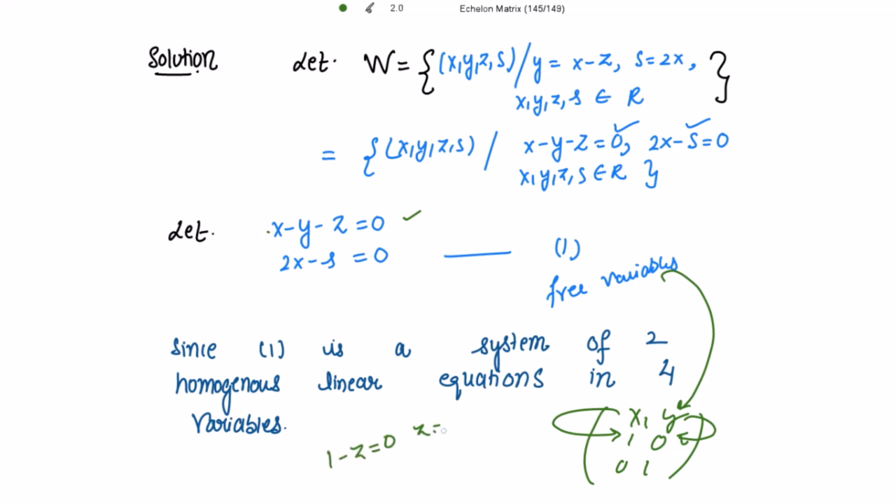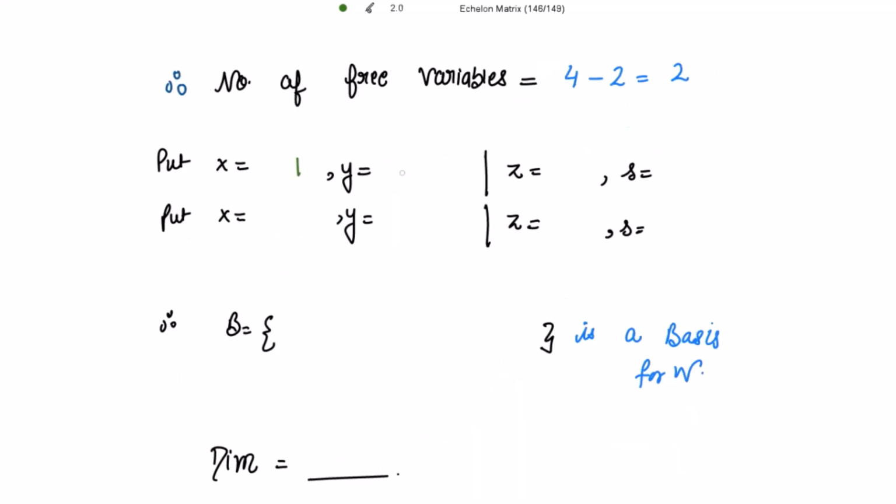That gives z equal to 1, right? And for x equal to 1 and y equal to 0 in the second equation, we get 2 minus s equal to 0. That gives s is equal to 2. So for x equal to 1 and y equal to 0, we are getting the value of z to be 1 and the value of s is 2.